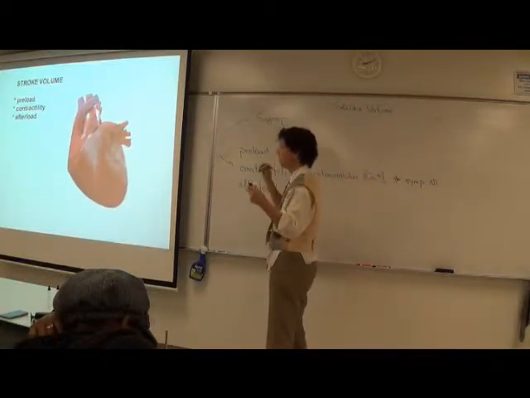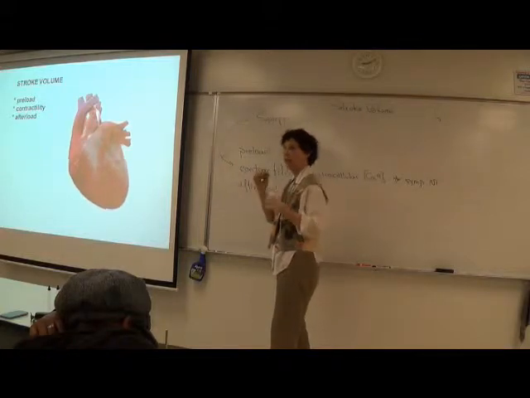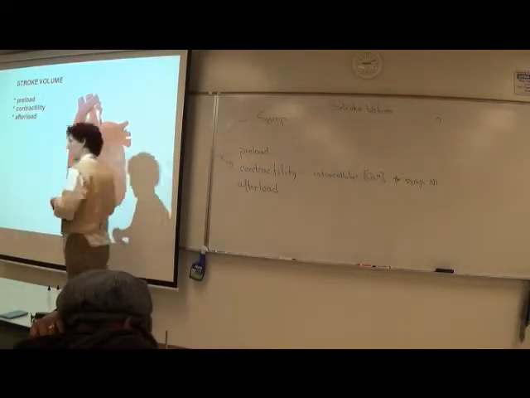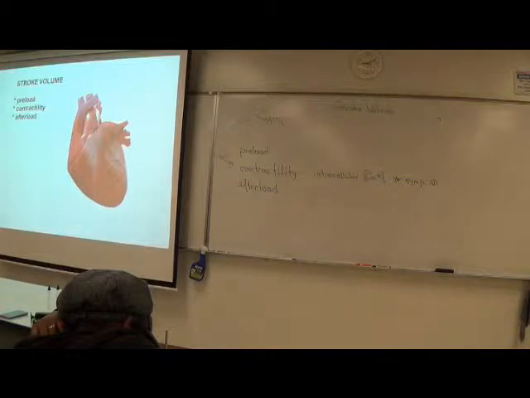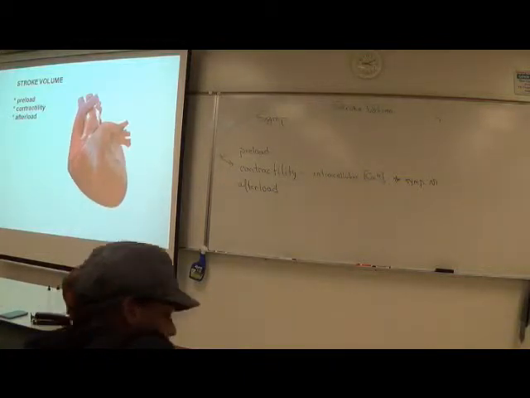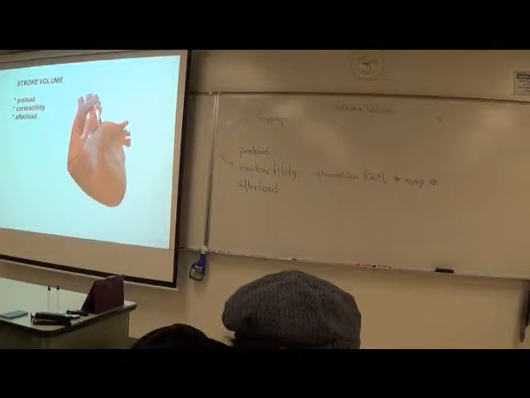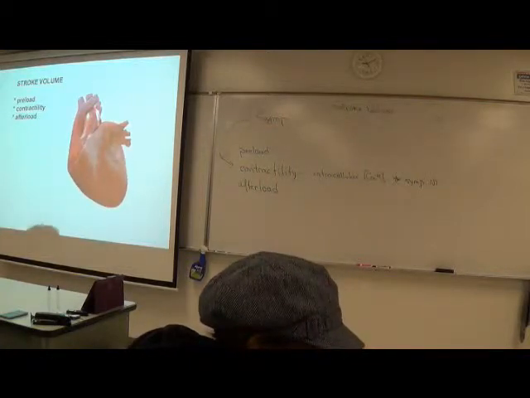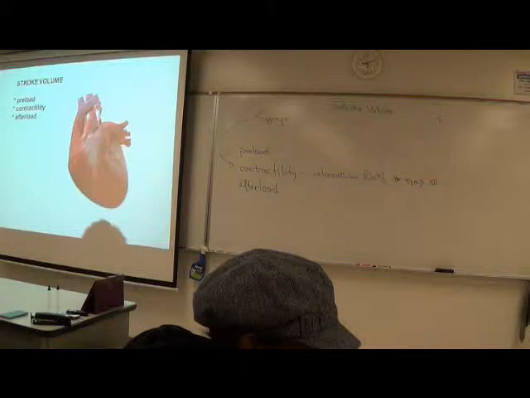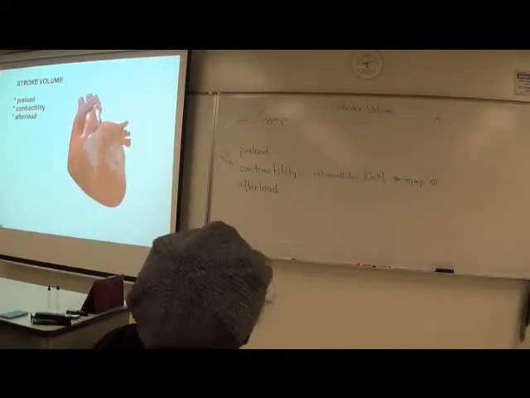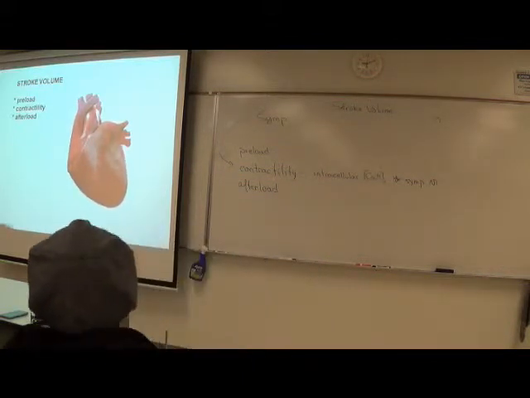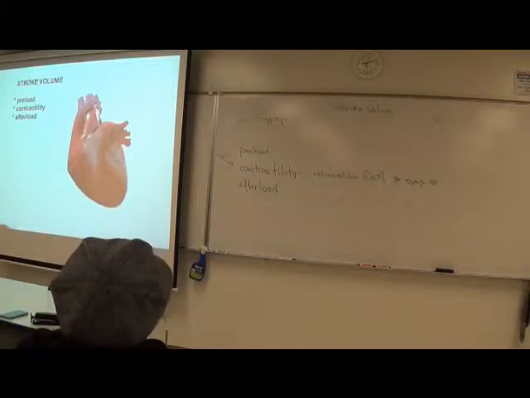Preload has to do with the stretching of the ventricular wall. And the principle on which this is based is called the Frank-Starling law. And it has to do with the recoil of the contractile muscle, not elastic fibers, all right? Even though the rubber band is elastic.